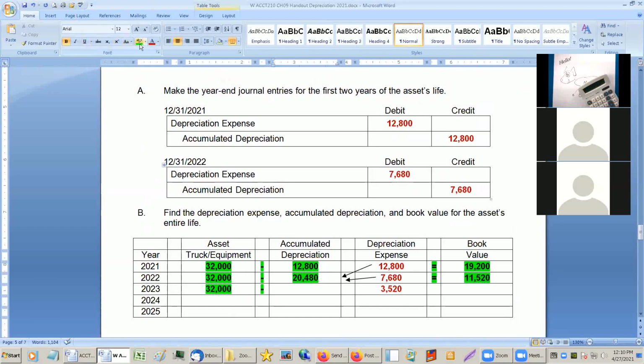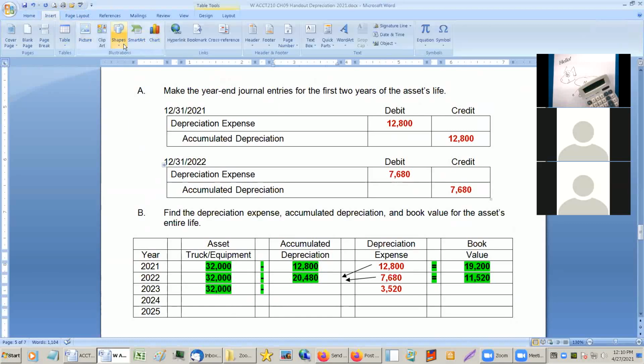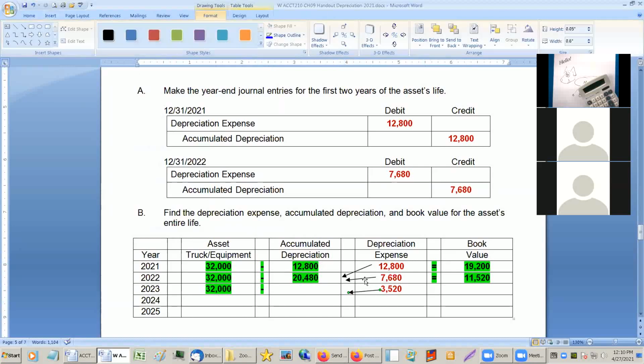All right. Insert shapes. For 1,000, which is what we expect.